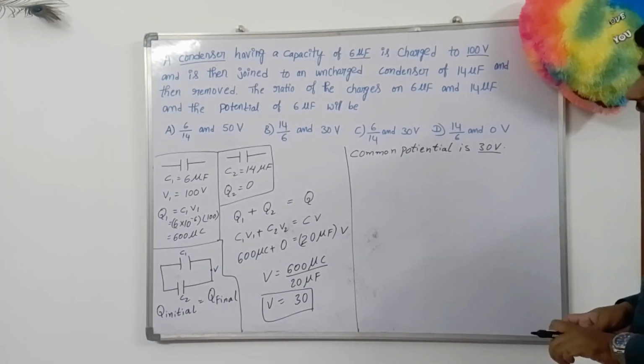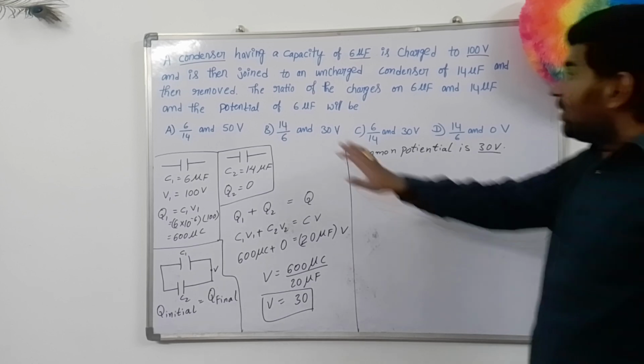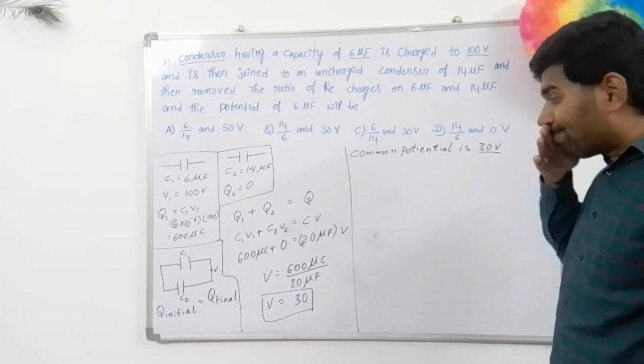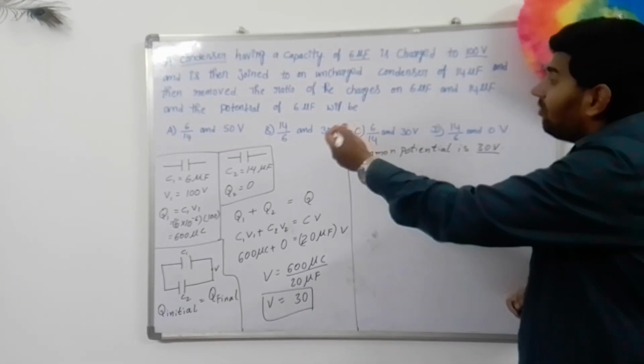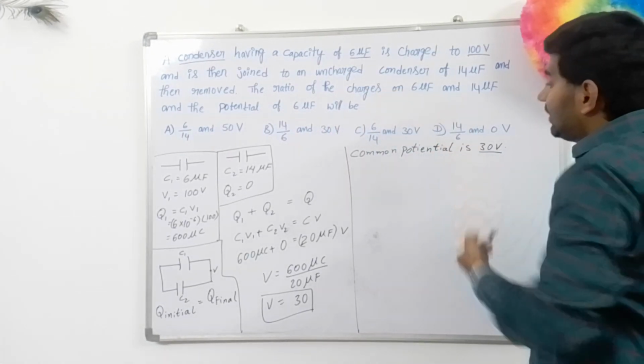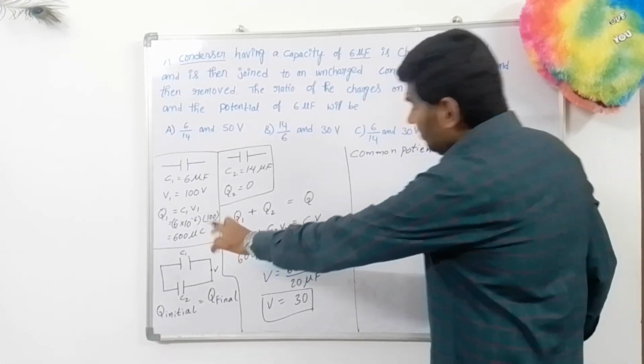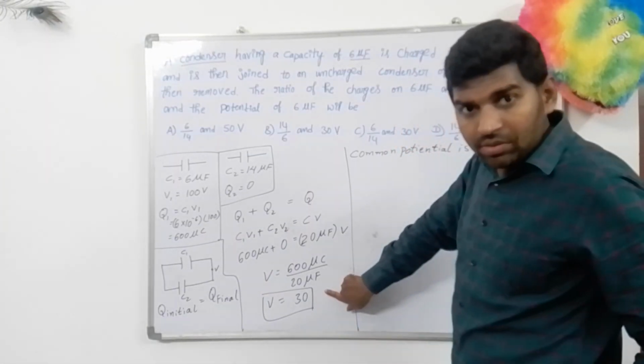Now what they are asking, the potential of 6 microfarad will be, and you have to find out the ratio of the charges. First, after connection, we will get 30 volts.